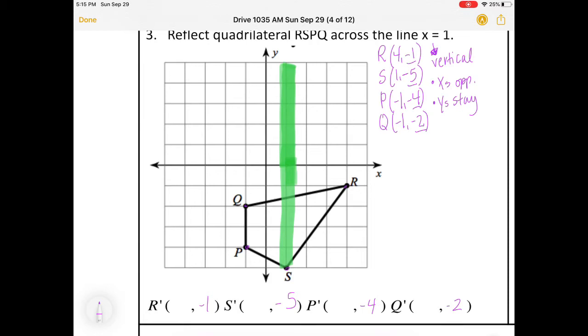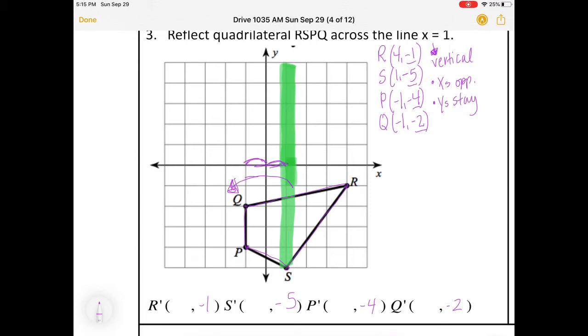But since this reflection is x equals 1, it's 1 space away from y. If we were taking this whole shape and reflecting it over to this side, it's also going to be 1 away on this side. So we're actually accounting for 2 spaces here.